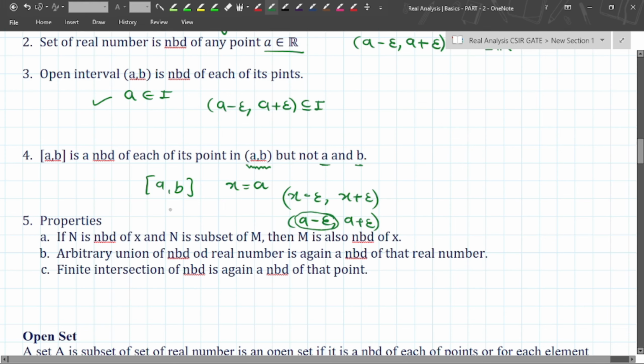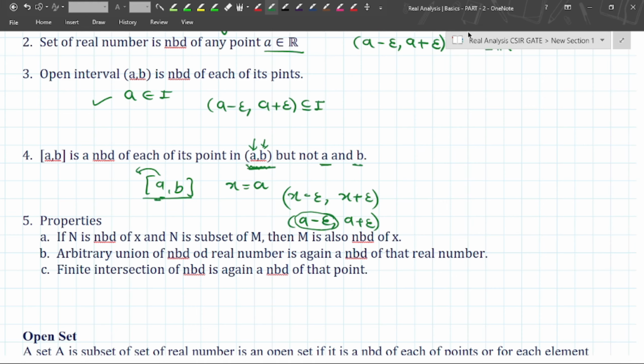If I subtract any small number from this a, it goes outside the interval. So it means it will not be contained in the interval. So it is a neighborhood on the open interval. It means that while a and b are not part of the interval, it is a neighborhood at all points other than a and b.